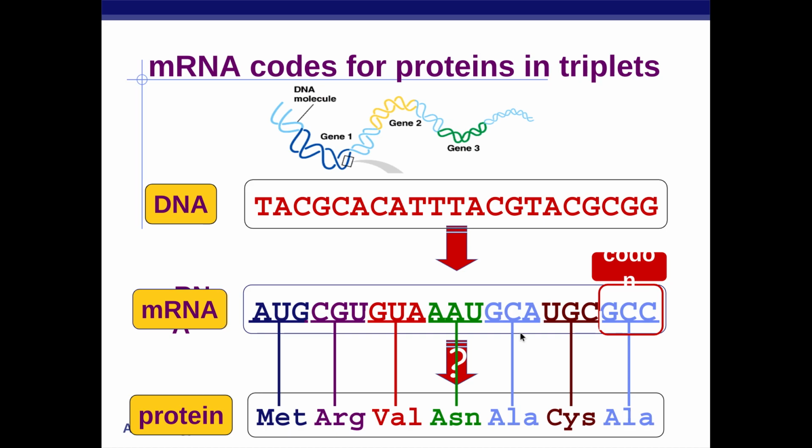If you have 4 nucleotides, A, U, G and C, and you look at them in combinations of 3, you have 4 to the power 3 combinations, that is 64 possible combinations of triplets. Triplet meaning 3 nucleotide sequences. So you have 64 possible codons that can be created.